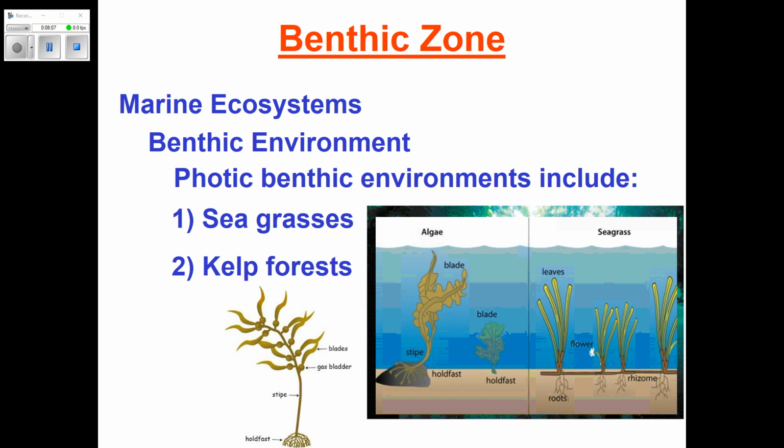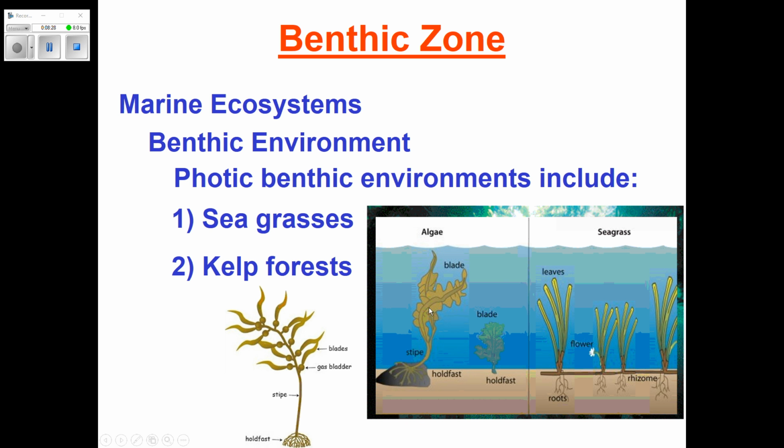And you can kind of see the brown algae here has, instead of a root system, something called a holdfast. And so it basically anchors it down on top of either rocks or on top of the bottom of the ocean in that spot. So this is our brown algae, which is our kelp.